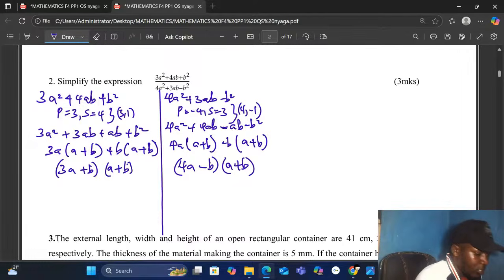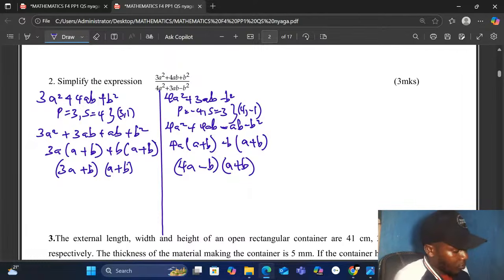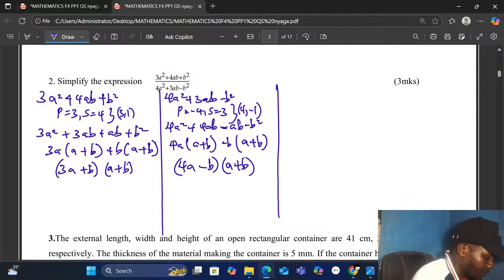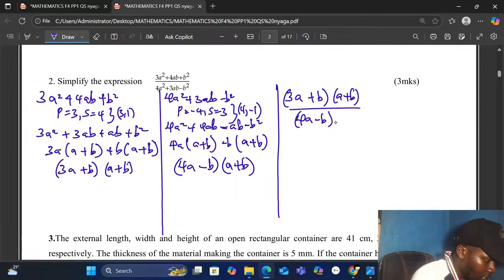So this is the numerator, this is the denominator. Now we combine the two. We take the numerator over the denominator. So the numerator is 3a plus b, then a plus b. Then we divide by 4a minus b, then a plus b.